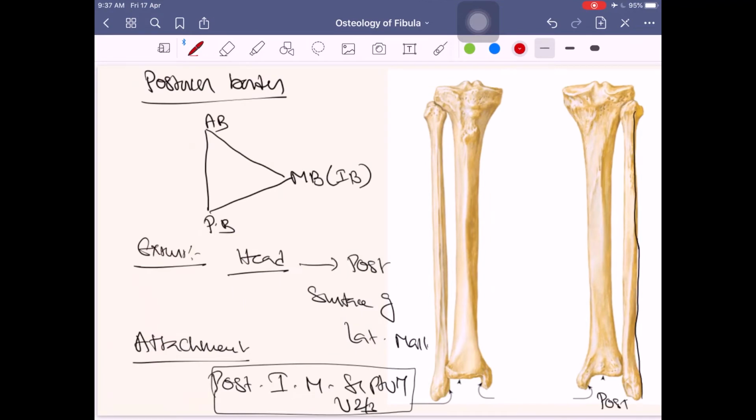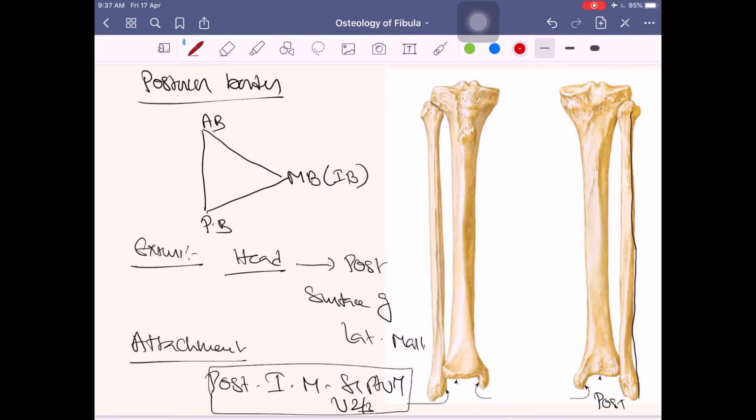Now let us go to the posterior border. Here, on this side where I am putting the star, that is a posterior view of the fibula, and that black line which I have drawn has gone a little outside here. It should be totally at the back, but that's your posterior border.